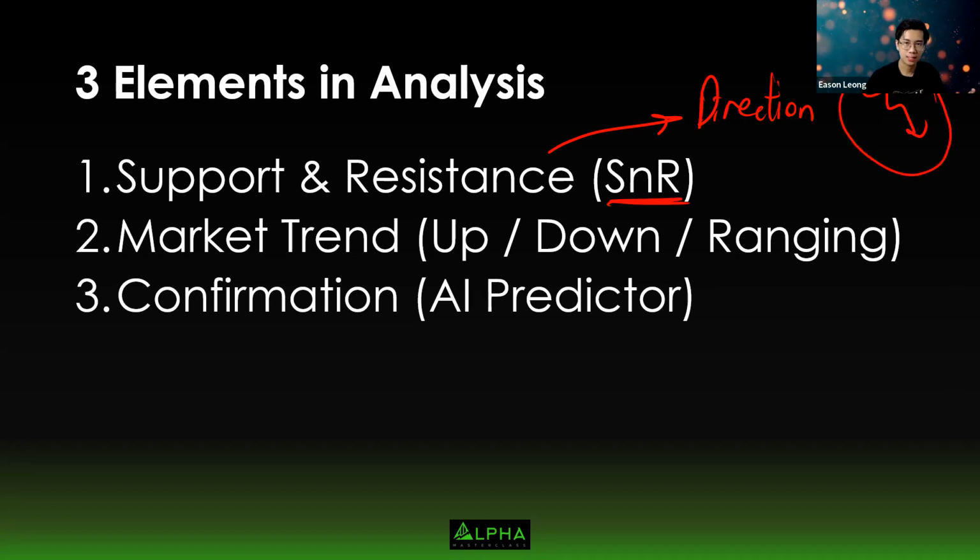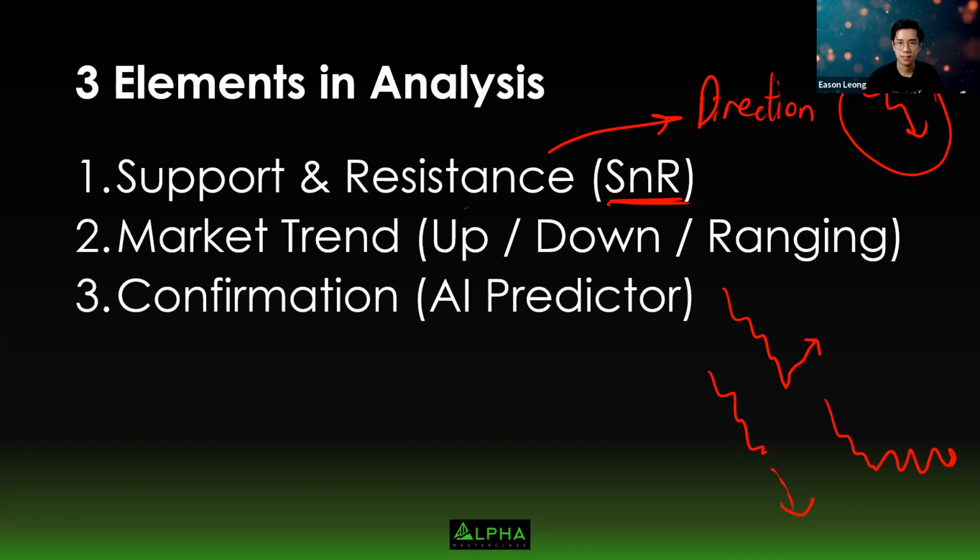The question is, right now it's going down, is it having a pullback, or continuing to go down further, or coming down but right now it's ranging? So which is the condition, we would like to look into details. A, B, or C, which type of movement.